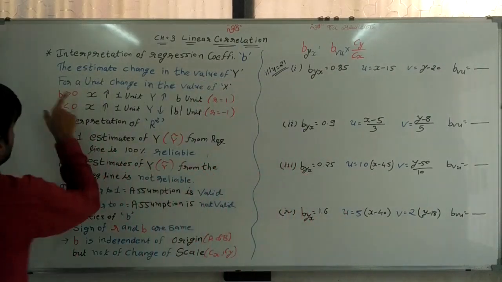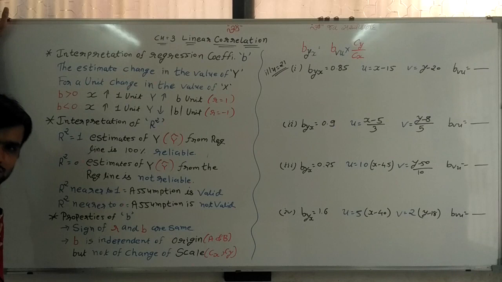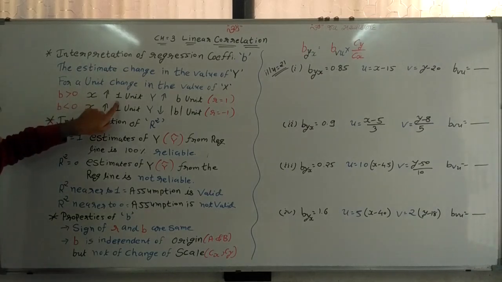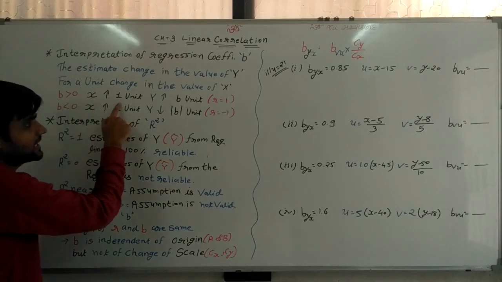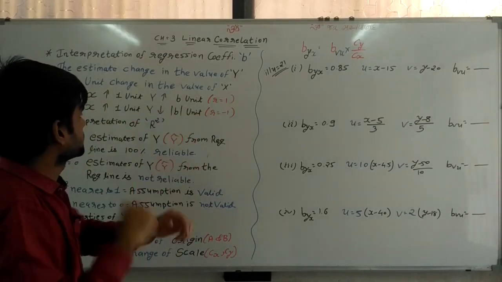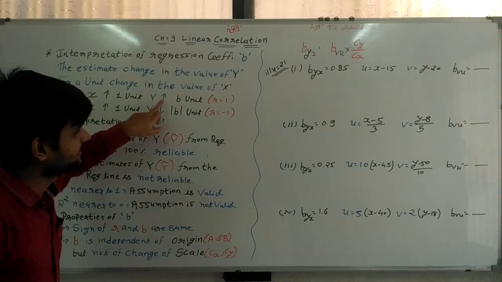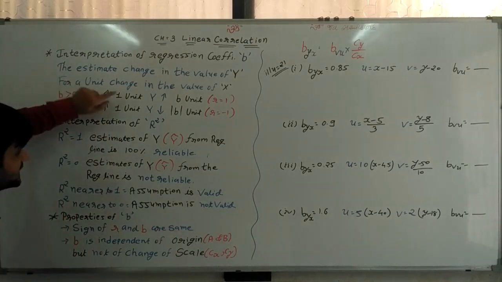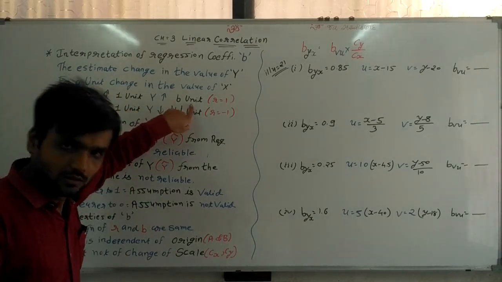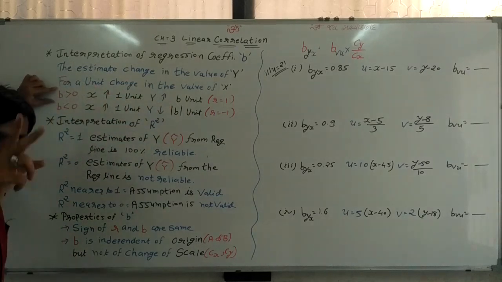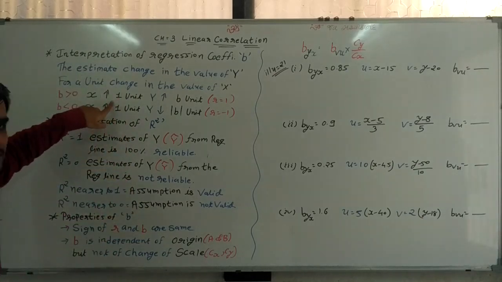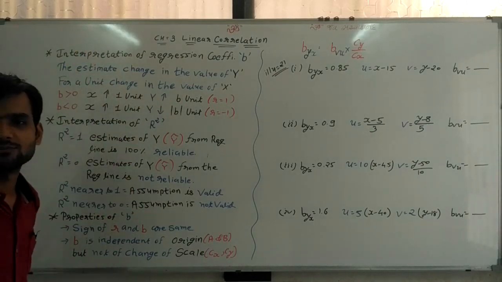We can understand this also. If the value of b is greater than 0, it is a positive value. If b is a positive number and x increases by 1 unit, then y increases by b unit.